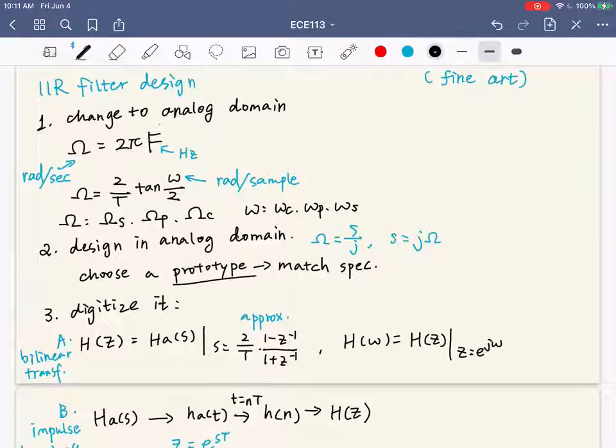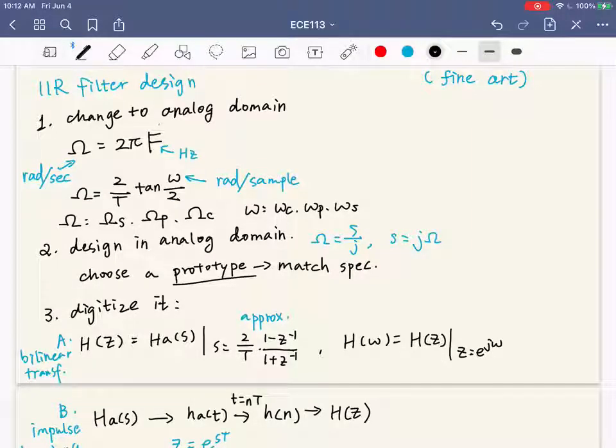The prototype means the type of filter you want to use in the analog domain. So you'll see that our filter is built upon the prototypes, right? It is not like applying a window to a strange signal. In this way, we have the expressions of the filter we want, so we can explicitly calculate the parameters we want rather than trial and error.